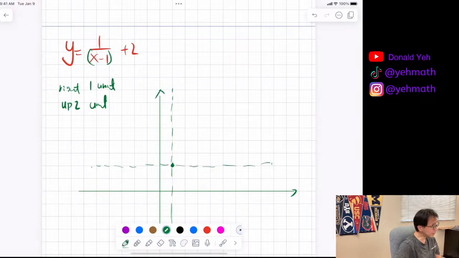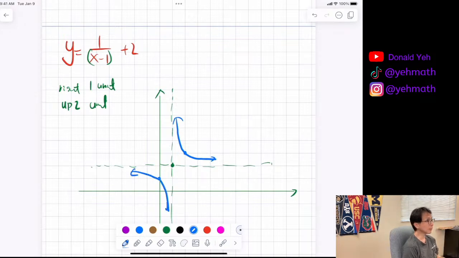Am I going too fast? This is okay. And the graph is still within the first and third quadrant. It's going to be like this. You can estimate it. I'm okay with your estimation on this one. You just have to graph the rest of them. And that's it.